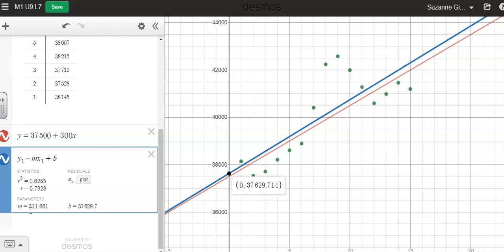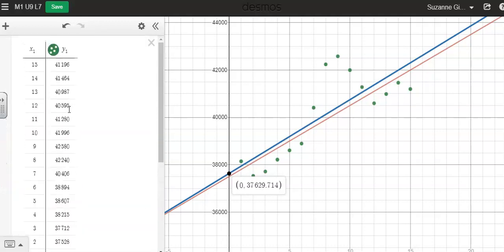The slope, 311.661, remember, slope is rise over run. So every time that the year increases by 1, the median income increases by $311.66.